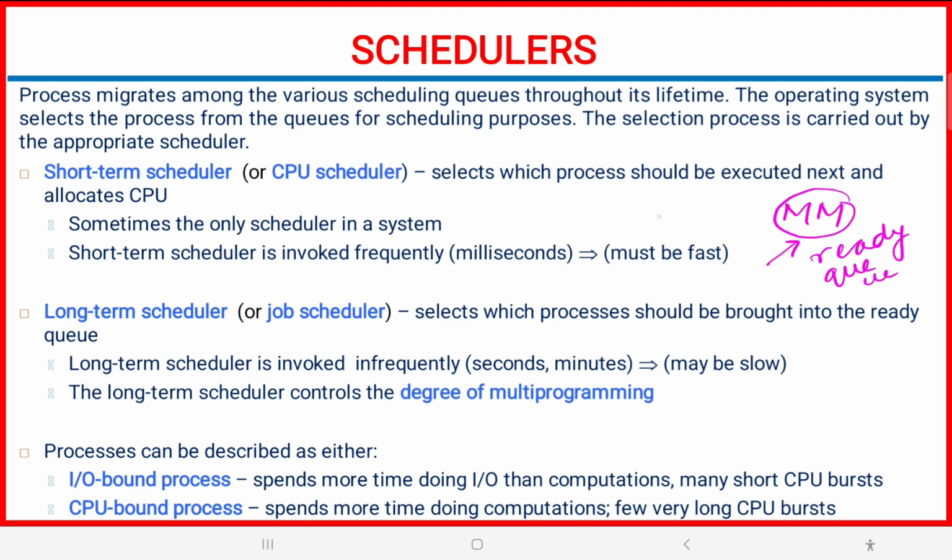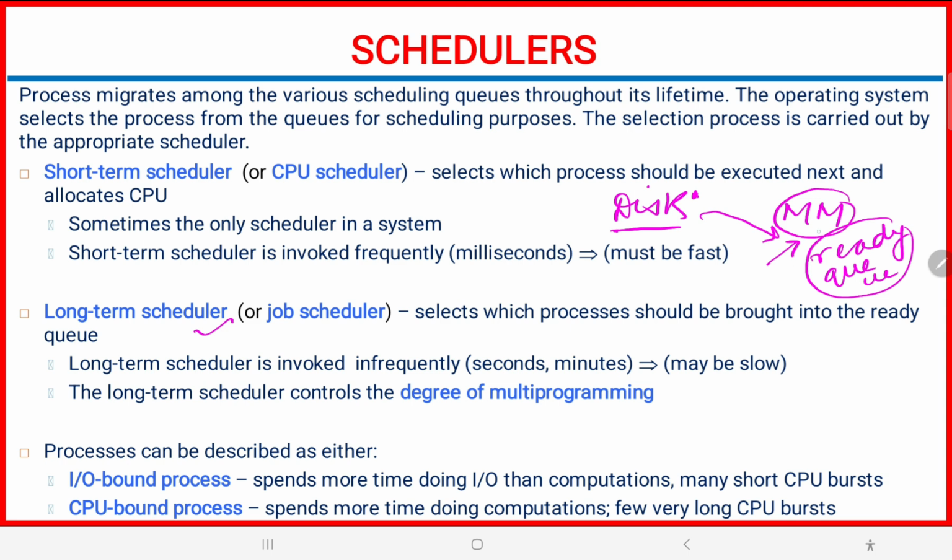Before this, I told you some processes are residing on the disk because the number of processes was large, so not all of them could reside in the ready queue. So out of these, a few are transferred from disk onto the ready queue for execution. So who does this job of transferring the processes from disk onto the ready queue? It is the long-term scheduler which picks the processes from the disk and transfers them to the main memory.